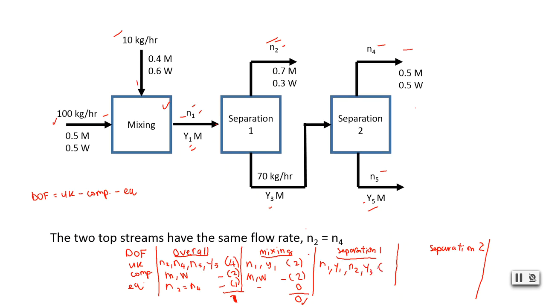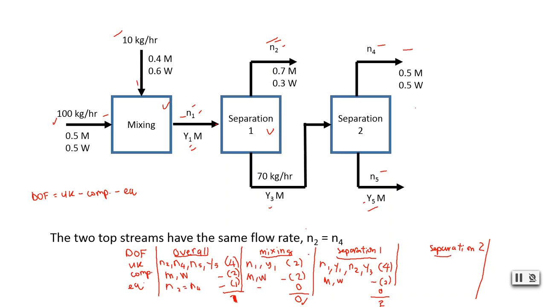So in total we have 4 unknowns. How many species? Again, we have methanol and water, so minus 2. Is there any other equation? No, 0. So after 4 minus 2, we have 2. So we cannot solve the mass balance in separation 1.